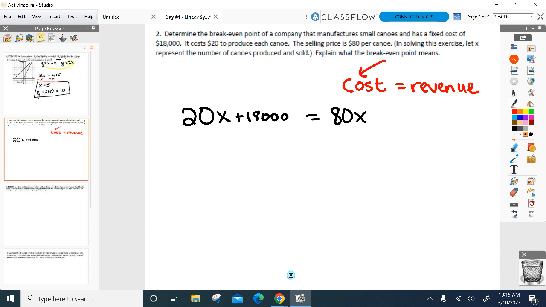There's no two equations here. All right, break even problems, there's only one you should be able to set up. So move the 20 over, right? Move the 20X over.